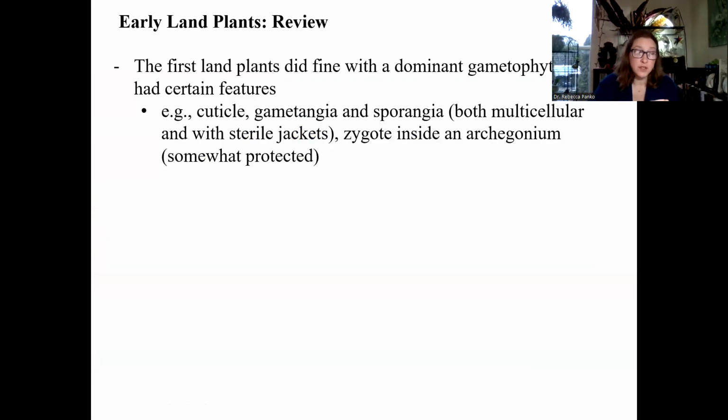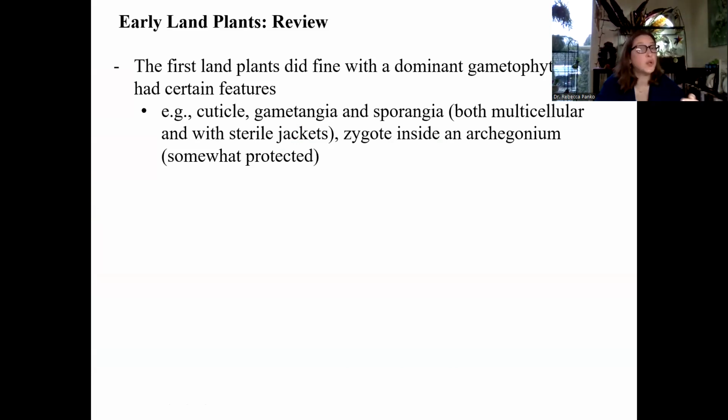So when plants first showed up on land, they basically did okay with having a dominant gametophyte generation. They did all right with that. As long as the gametophyte generation had certain features, the plants did fine with the gametophyte generation dominant, right?